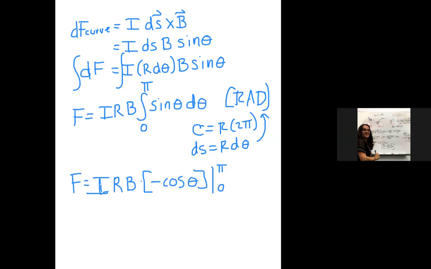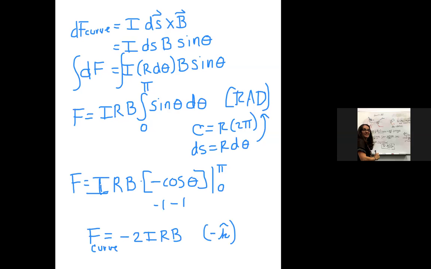Okay. So we get cos of pi is -1. We get -1, -1. Okay, so that gives me a -2. So we get that the force is -2IRB. So let's put that together. That's for the curved portion. And that negative, again, because we know it's in that negative k hat.